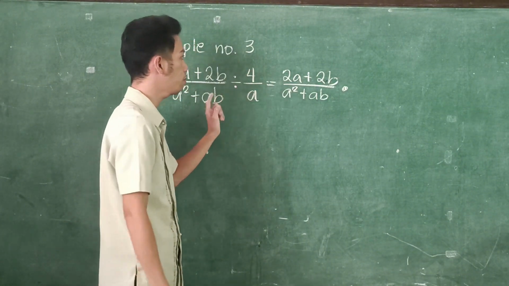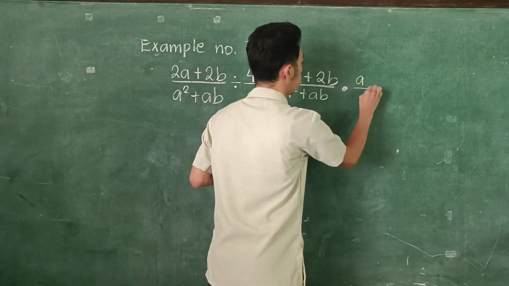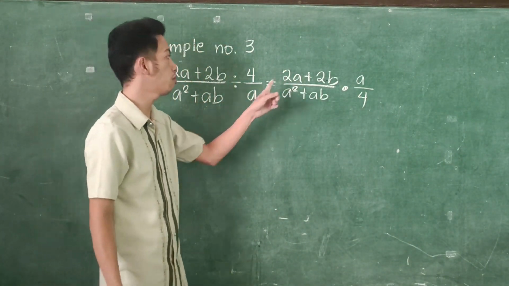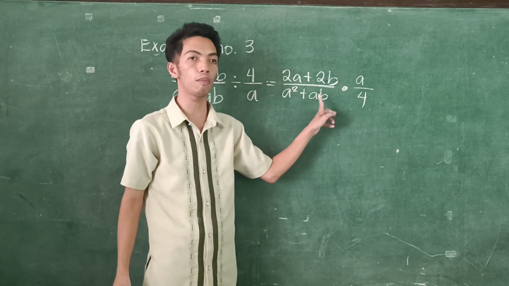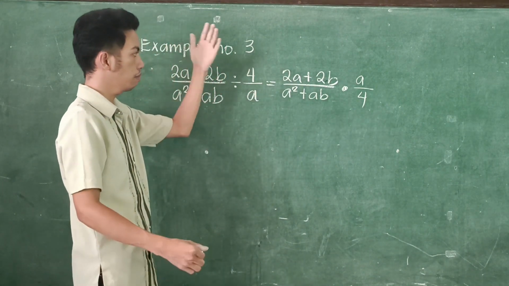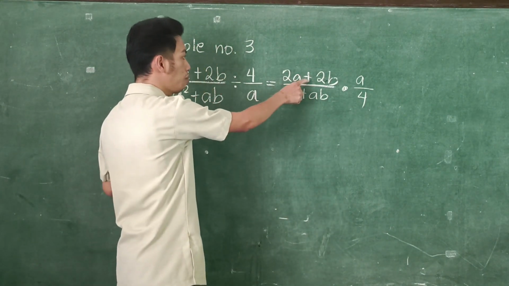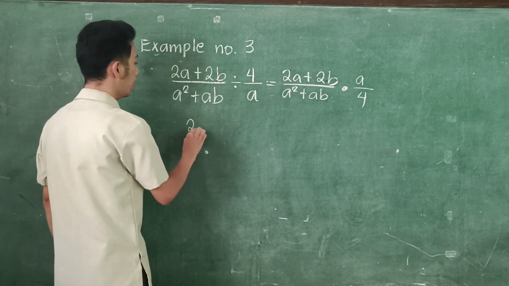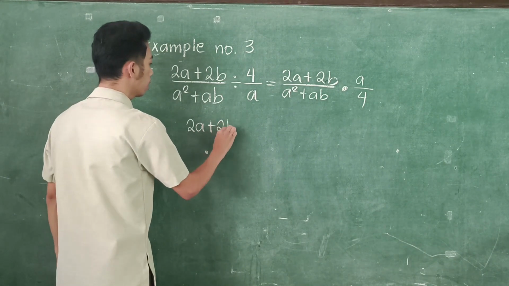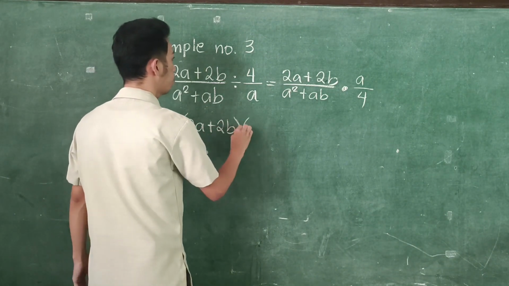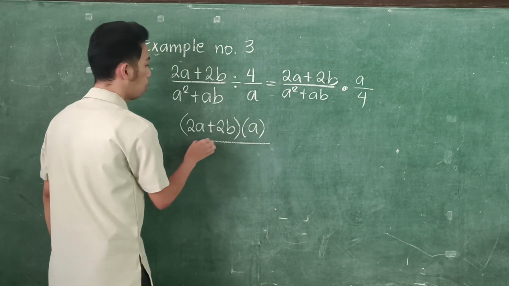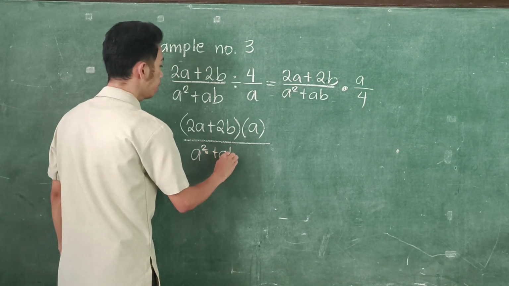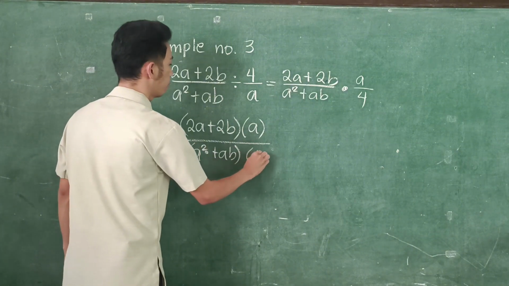So 4 over a will become a over 4. So now we are going to multiply the numerator by numerator and denominator by denominator. And mas maganda ulit, dahil ito ay binomial, pwede natin siyang i-factored form. So we have here 2a plus 2b multiplied by a all over a squared plus ab multiplied by 4.